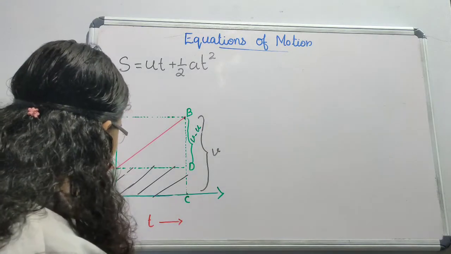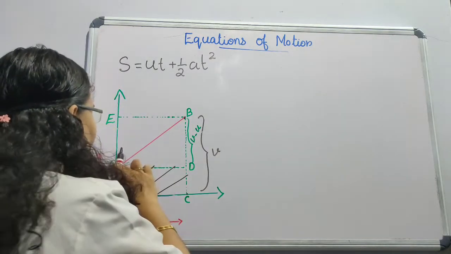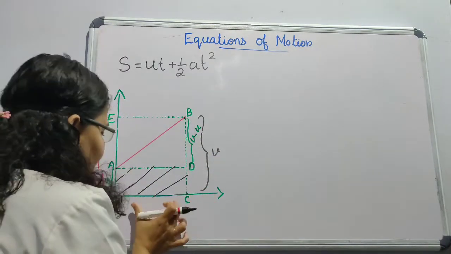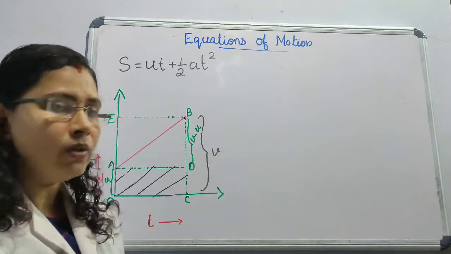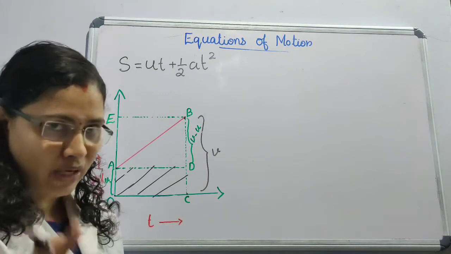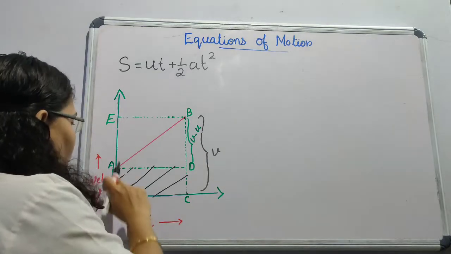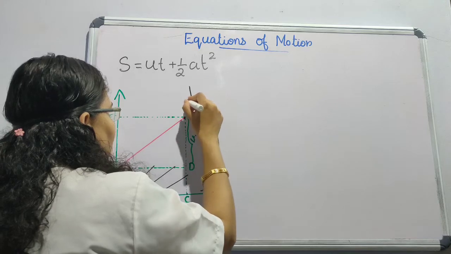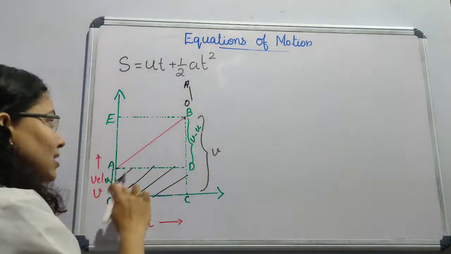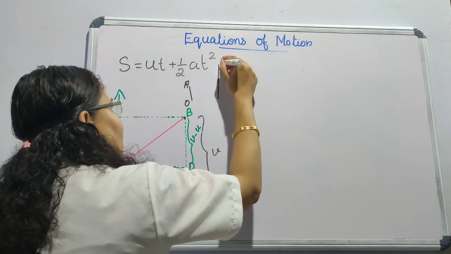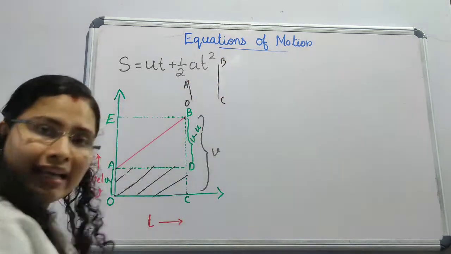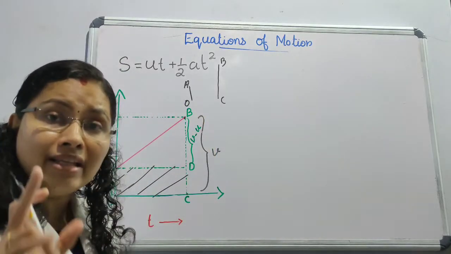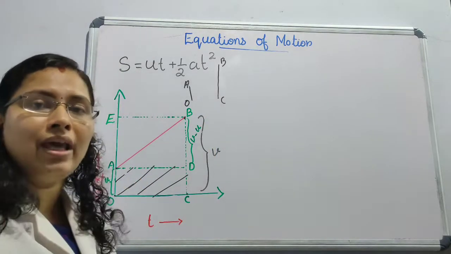Let us see which two sides are parallel in this. OA is the first side, the second side is AB, the third side is BC, and the fourth side is OC. OA is parallel to BC. These two are parallel. In a trapezium, the other two sides will not be parallel.